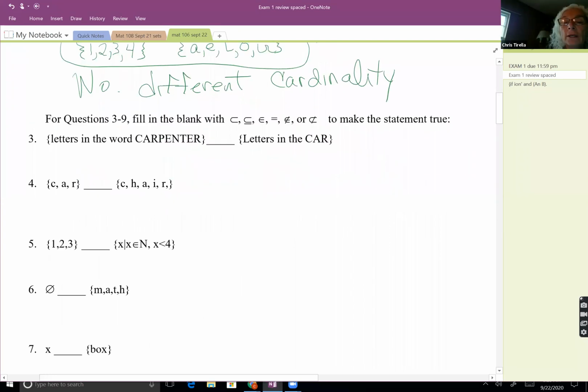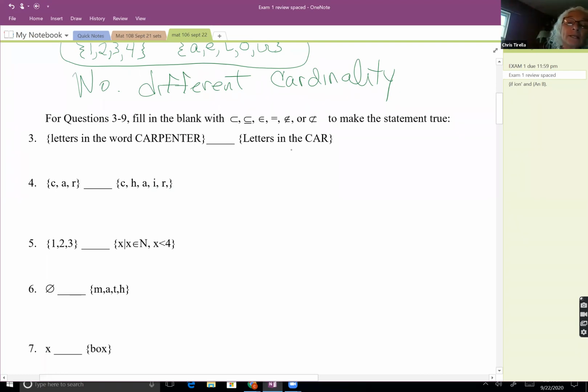In my labs, they don't give you quite as many choices for a symbol to pick in between the sets. So with them, there's only one correct answer. The way I had worded this, because I put so many options in the blanks, there were more than one correct answers. This first set is the set of letters in the word carpenter.